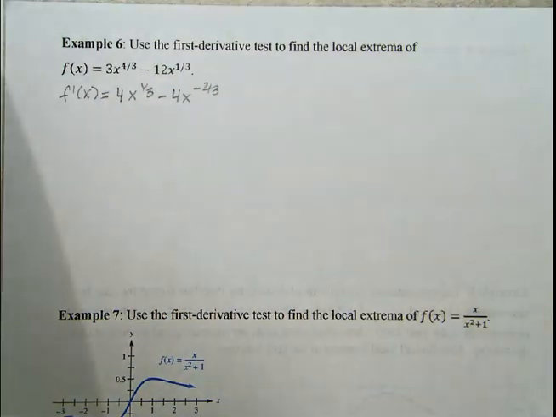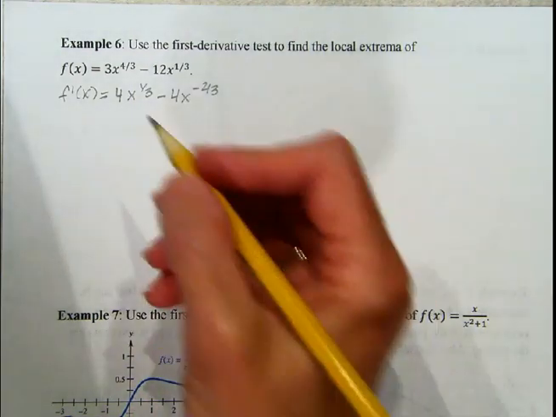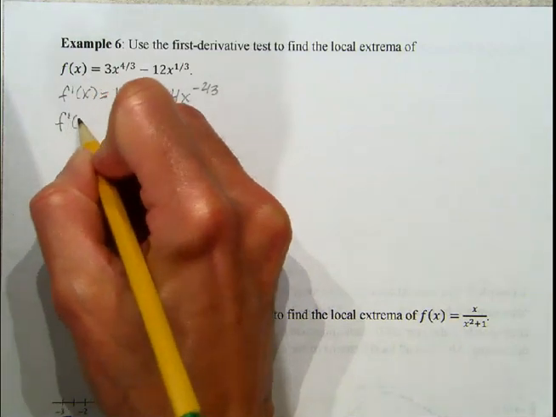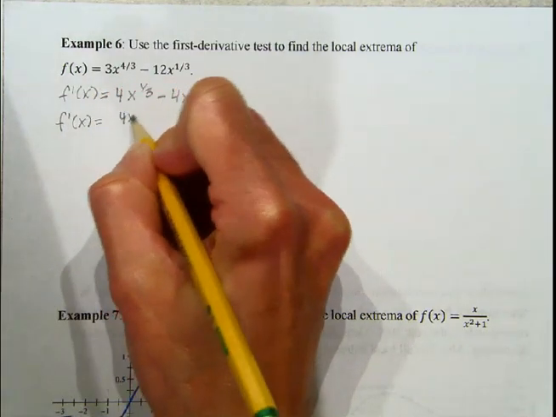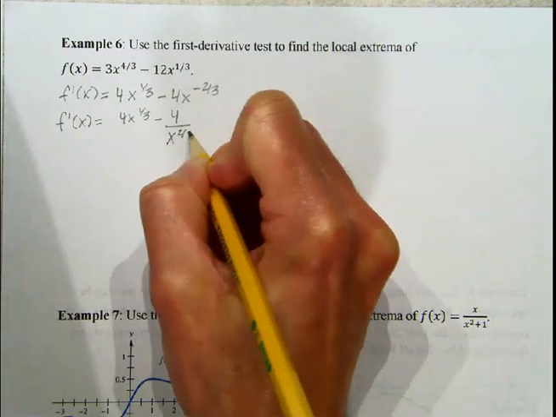And if you need to show that step where you're multiplying 3 times 4/3, you can, but the 3 is canceled out, which is why I just went ahead to the simplified one. And I'm going to clean it up a little bit. This would be 4x to the 1/3 minus 4 over x to the 2/3.